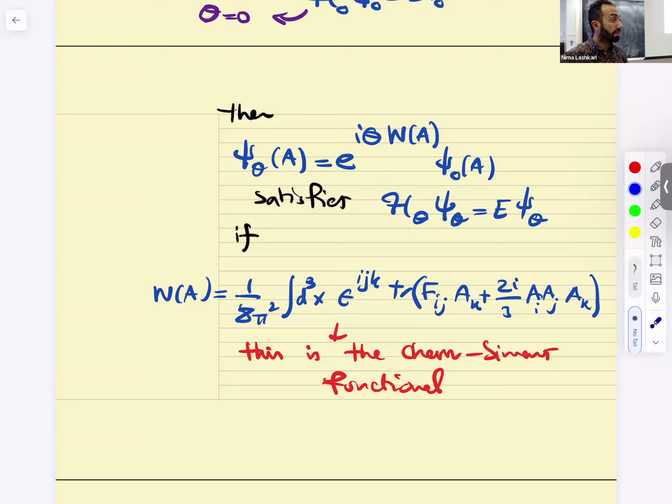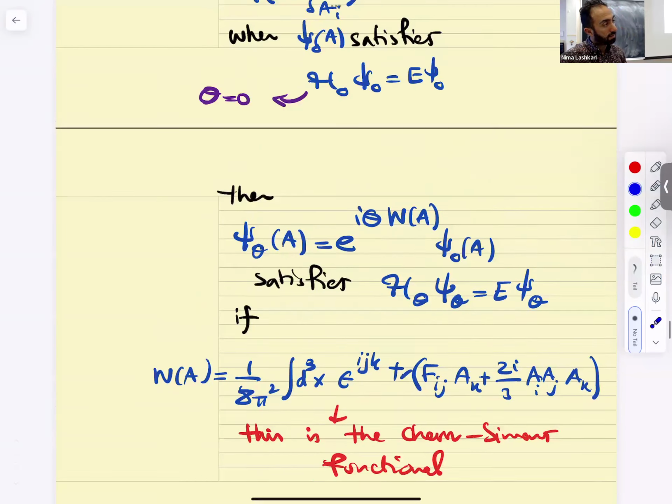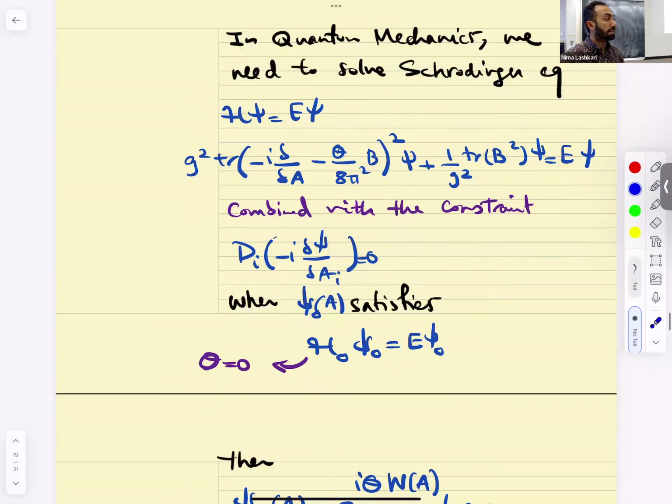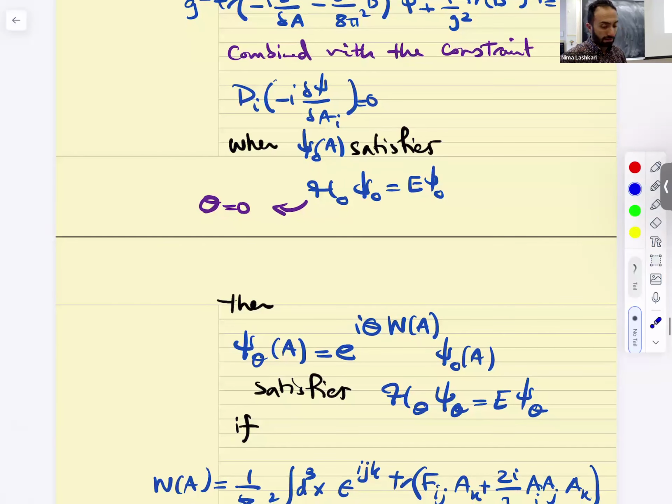Yeah, okay, very good, thanks for the comment. We're solving the equations, so the wave function, because as we said, the theory is non-local, right?